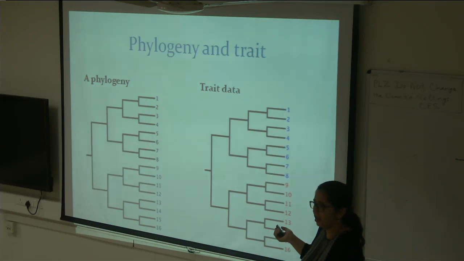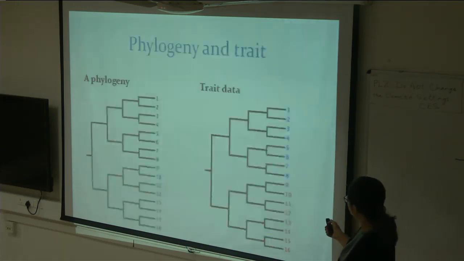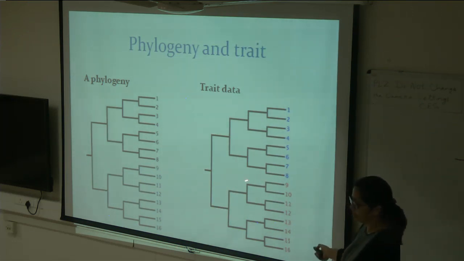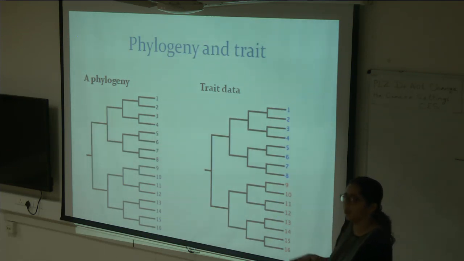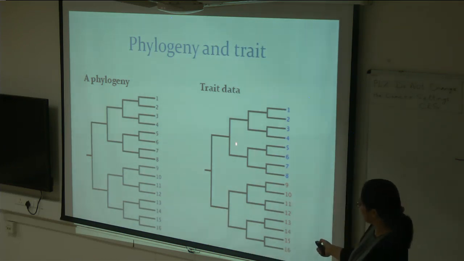There should be a phylogenetic signal. Simply, all blue traits may have a common ancestor, as well as all red, because they have a very strong phylogenetic structure, right? This is a monophyletic group which has one particular trait. This is one group which has one particular trait. So by just looking at it, you can think that maybe this particular trait evolved in their common ancestor here, the red trait evolved here, right?